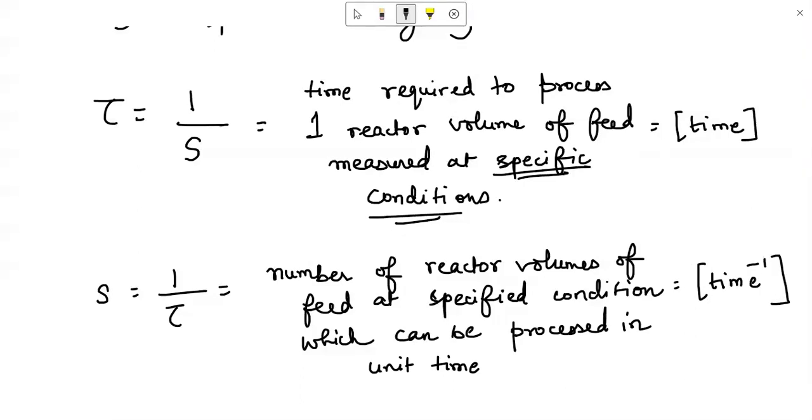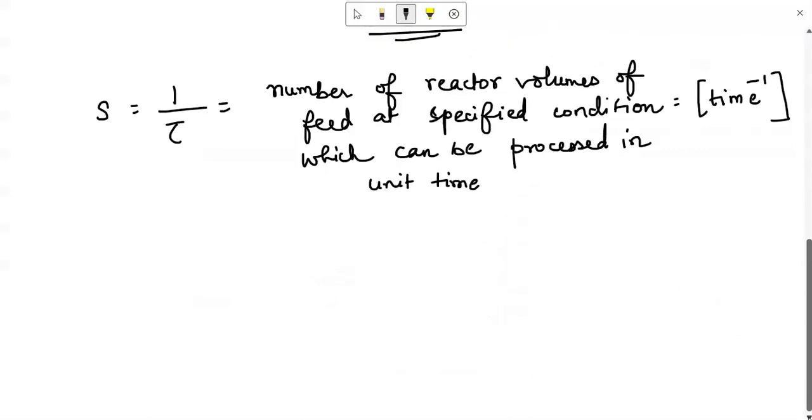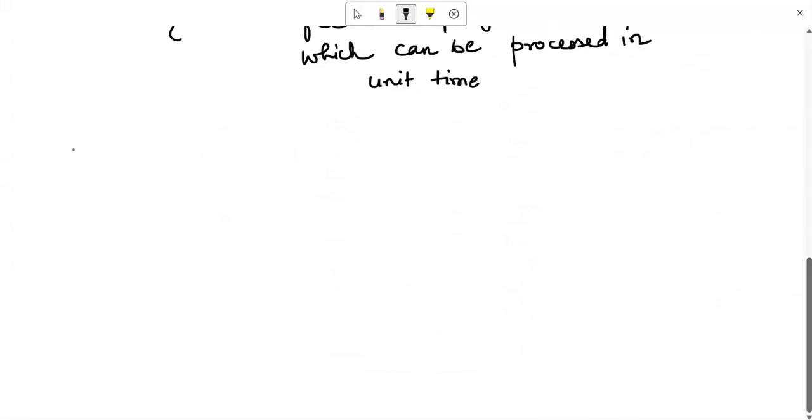Okay, now let us understand this concept with an example. Let's say that the space velocity of your system is 5 per hour. What will this mean?